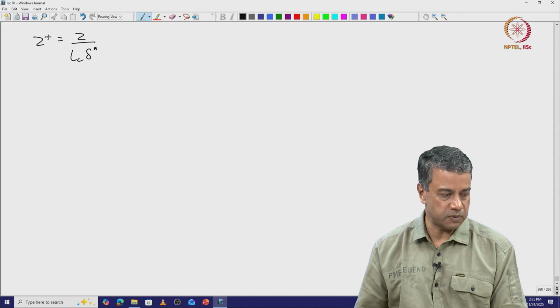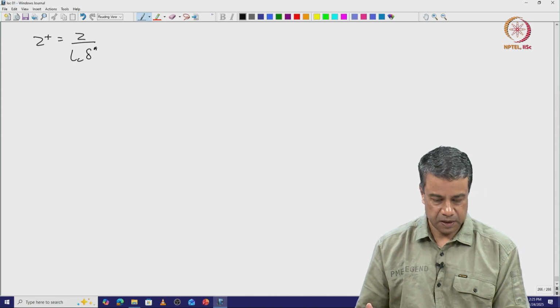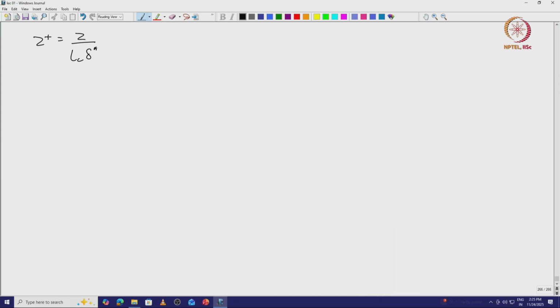Again, there is a balance between convection and diffusion. X star is still equal to X by Lc, Vx star is equal to Vx by the characteristic velocity.